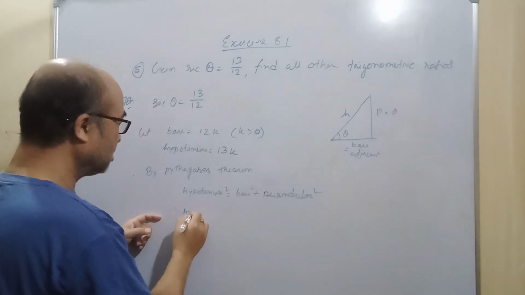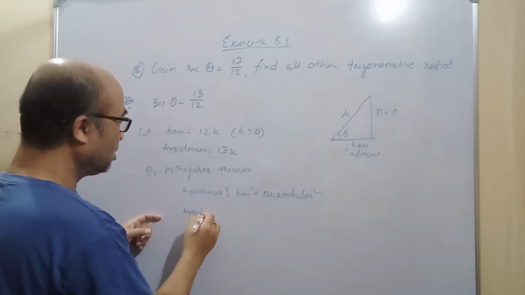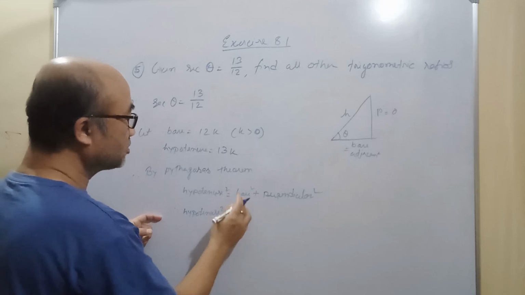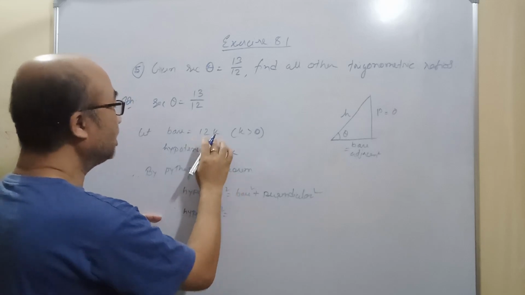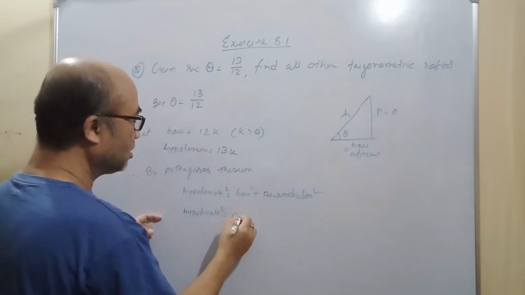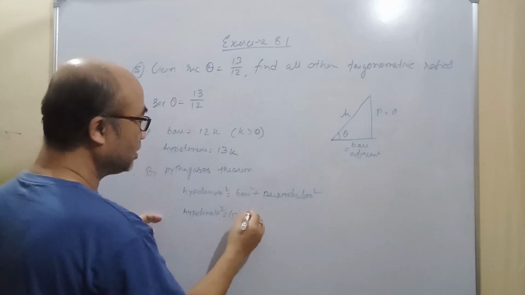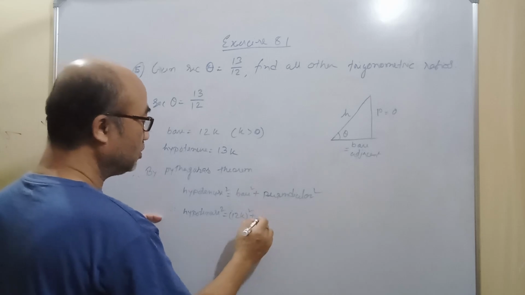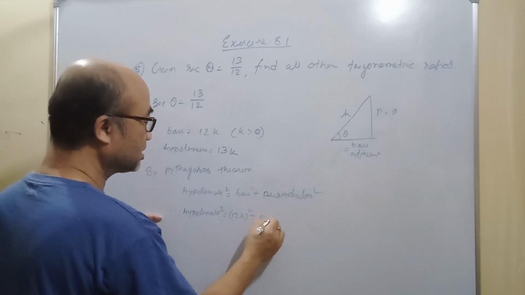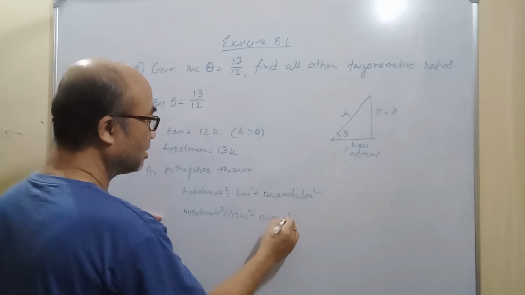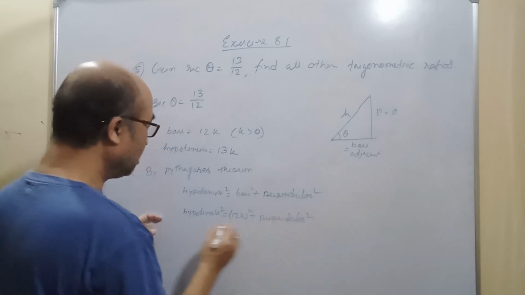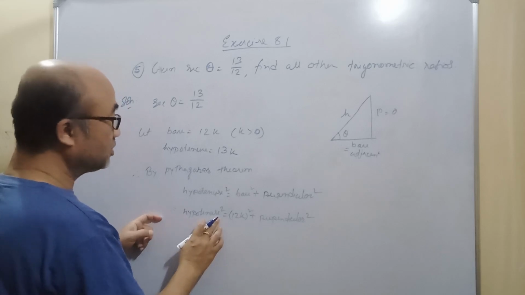Hence, hypotenuse square is, what is base square? We get 12k, we take square. What is perpendicular square? We don't know. So let us take it as perpendicular square. Sorry, what is hypotenuse square?